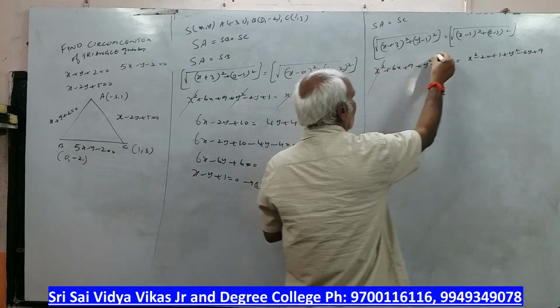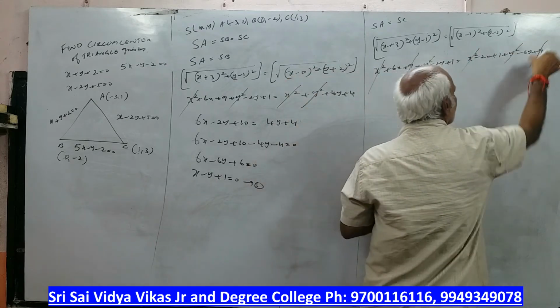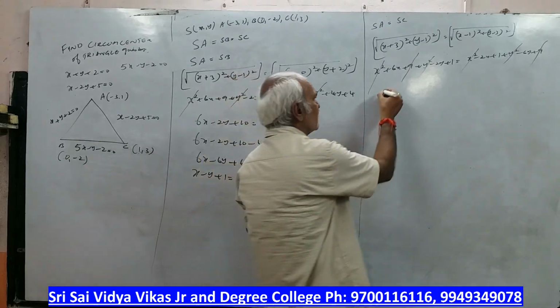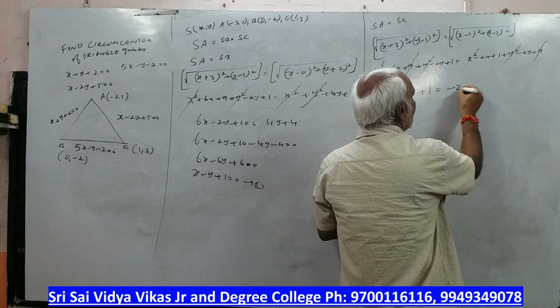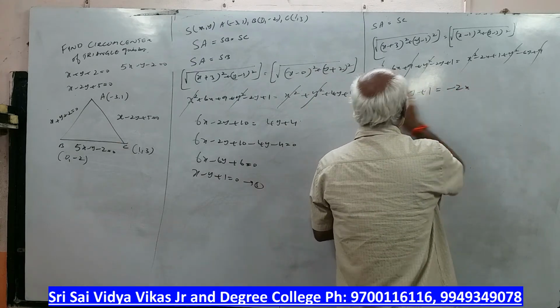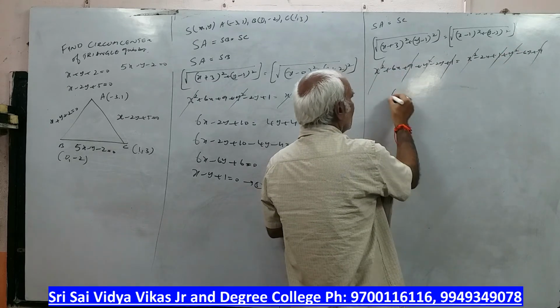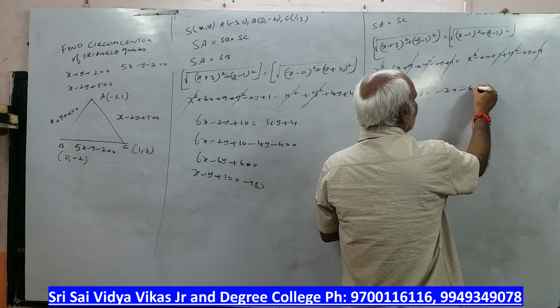So x square y square, x square y square. Here plus 9 is there, here also plus 9. So all we can cancel like this. Now what are left out? 6x minus 2y plus 1 is equal to here minus 2x. Here 1 also will get cancelled. Plus 1 also will get cancelled. So 6x minus 2y is equal to minus 2x minus 6y.